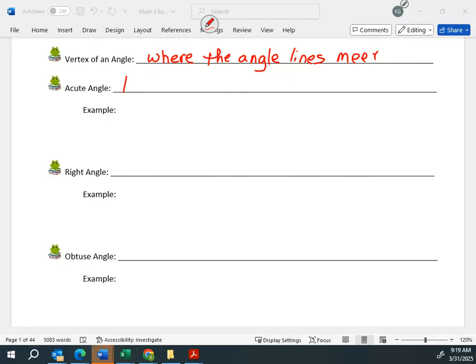Acute angles are less than 90 degrees. Right angle is 90 degrees exactly. Obtuse angles are more than 90 degrees. So write your vocab words down so you remember when it comes to the test.